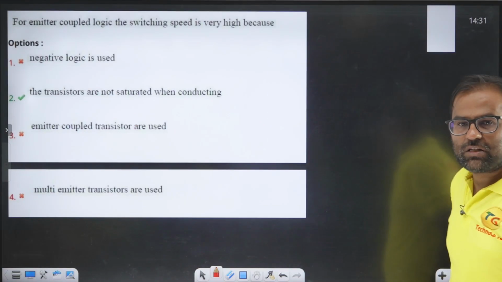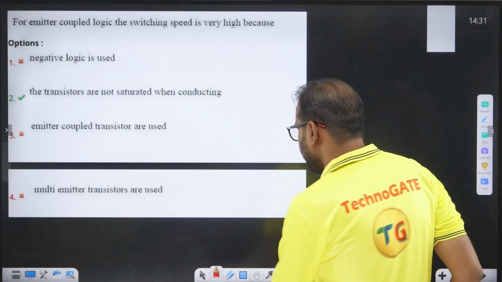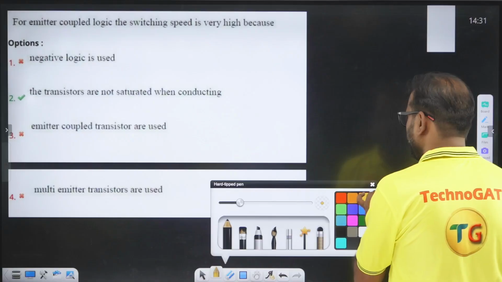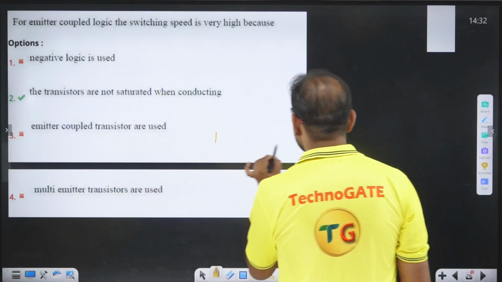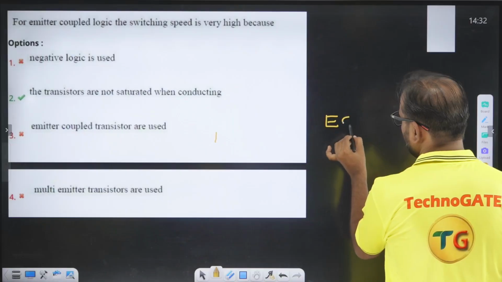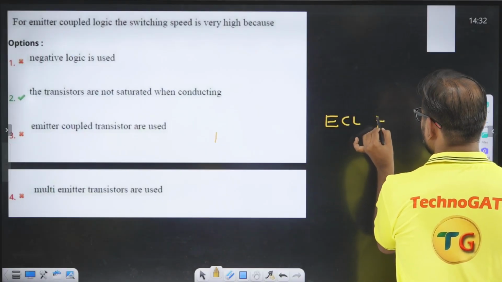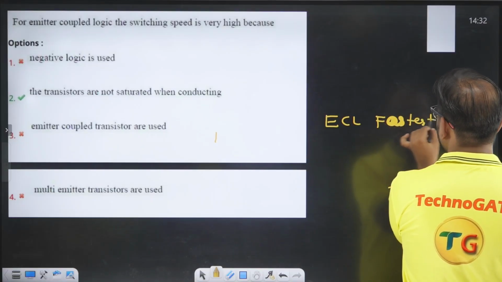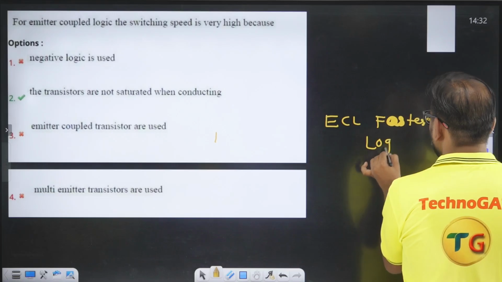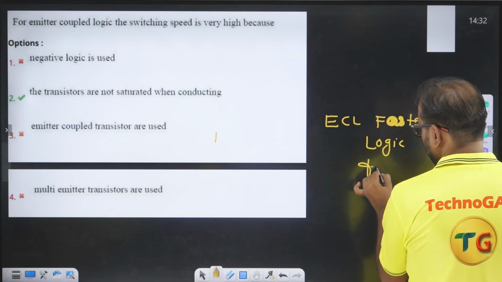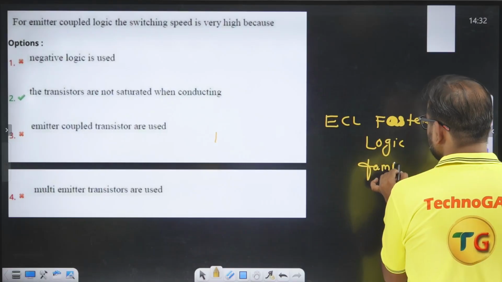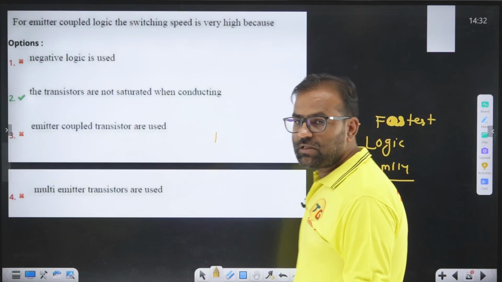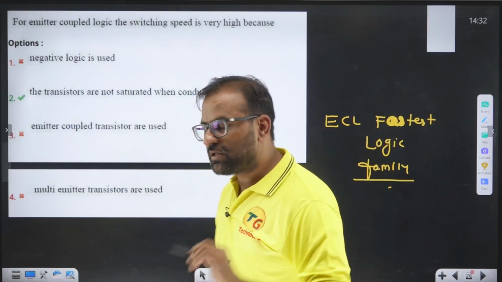Emitter coupled logic switching speed is very low. Always remember, from the logic family point of view, ECL is the fastest logic family. ECL is the fastest logic family, and it is also known as non-saturated logic family.